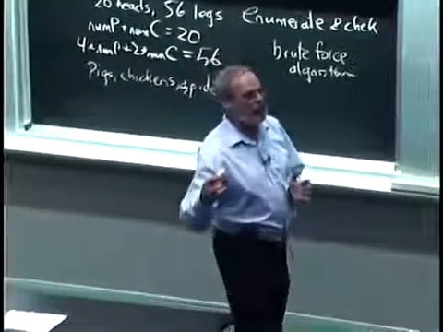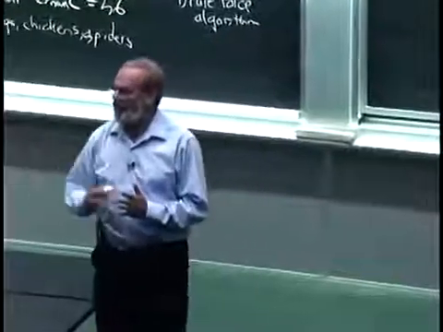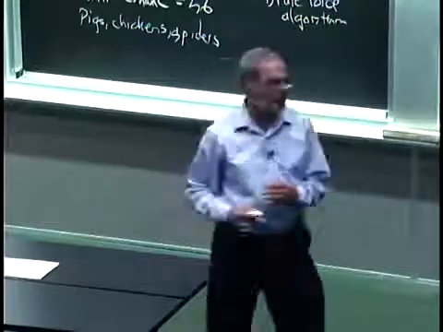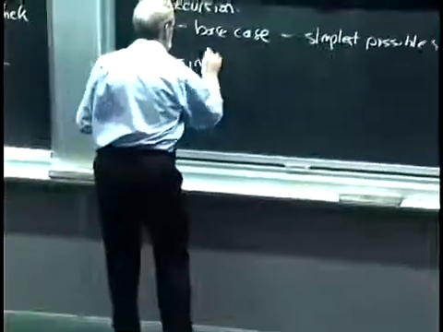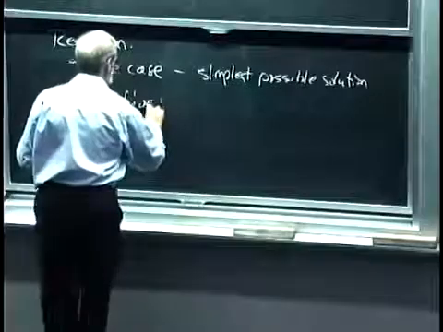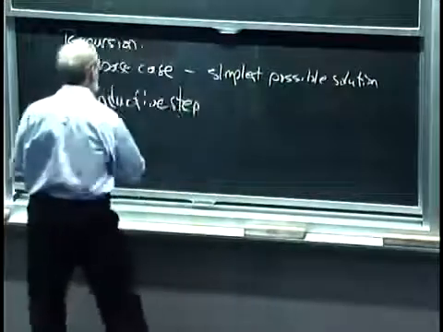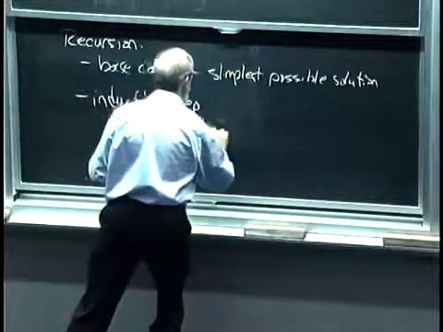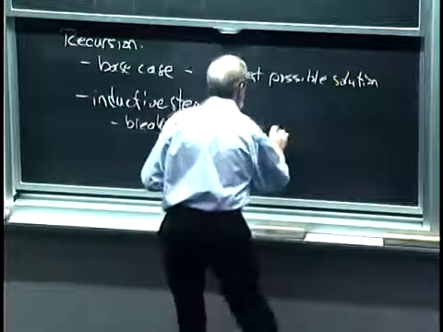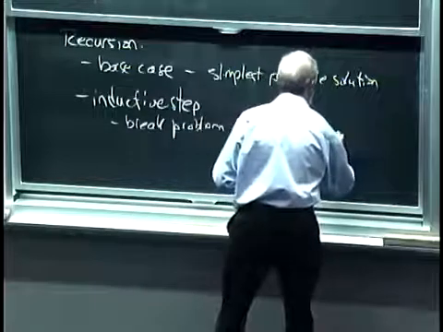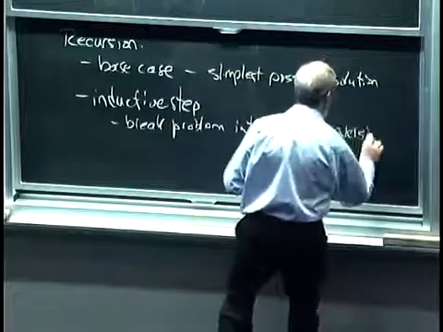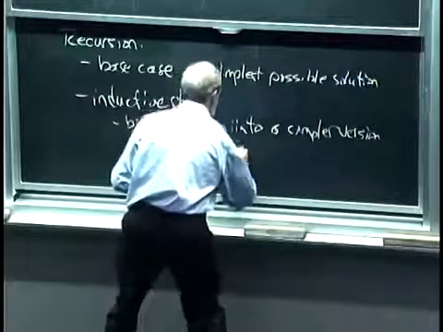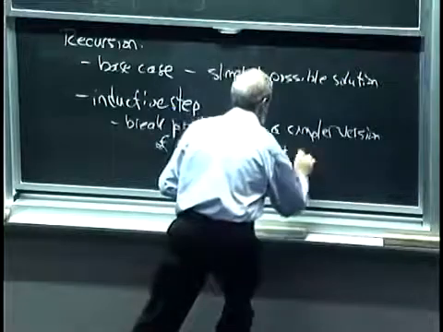I don't think they were born in the U.S., as far as I know. Or you find somebody who satisfies that definition, or you find that none of your parents actually are in that category. But that second one is called the inductive step, or the recursive step. And in my words, it says, break the problem into a simpler version of the same problem and some other steps.